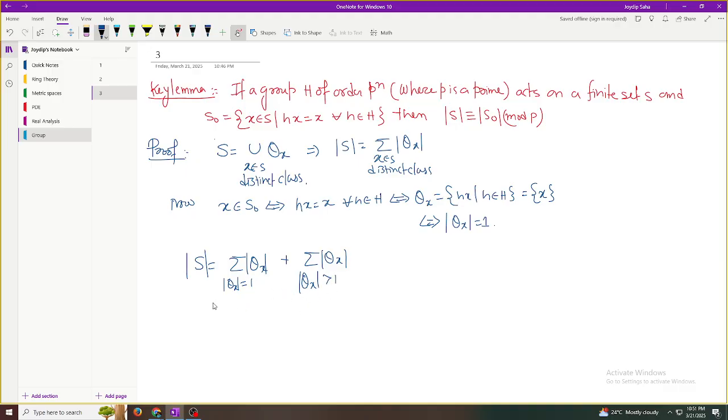Now what is this? The cardinal number of the first part is S0 exactly, because for each x belonging to S0 the cardinal number of the orbit of x is 1. So plus the summation over those orbits where the index is greater than 1, as the cardinality of the orbit equals the stabilizer index.